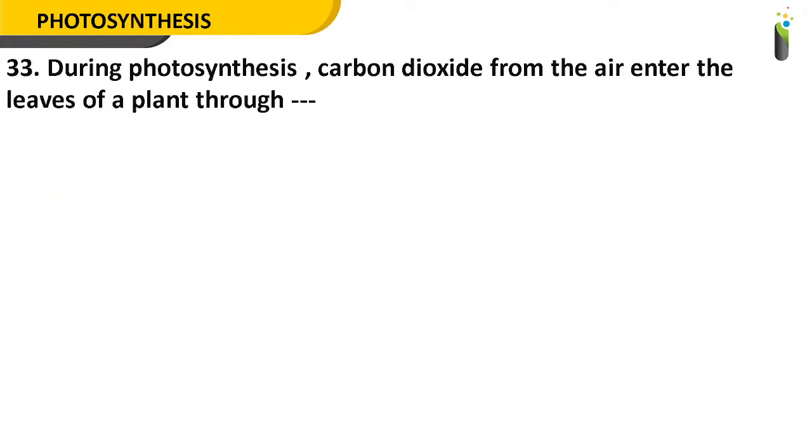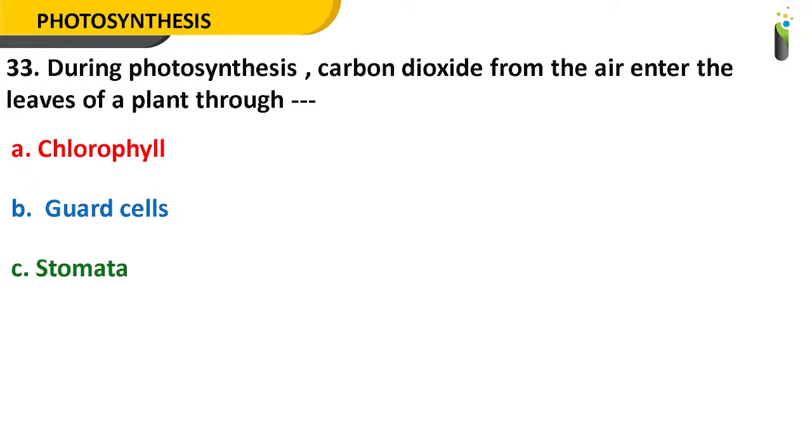Coming to the next question, number 33. During photosynthesis, carbon dioxide from the air enters the leaves of a plant through dash. A. Chlorophyll. B. Guard cells. C. Stomata. D. Lenticels. So during photosynthesis, carbon dioxide from the air enters the leaves of a plant through dash.